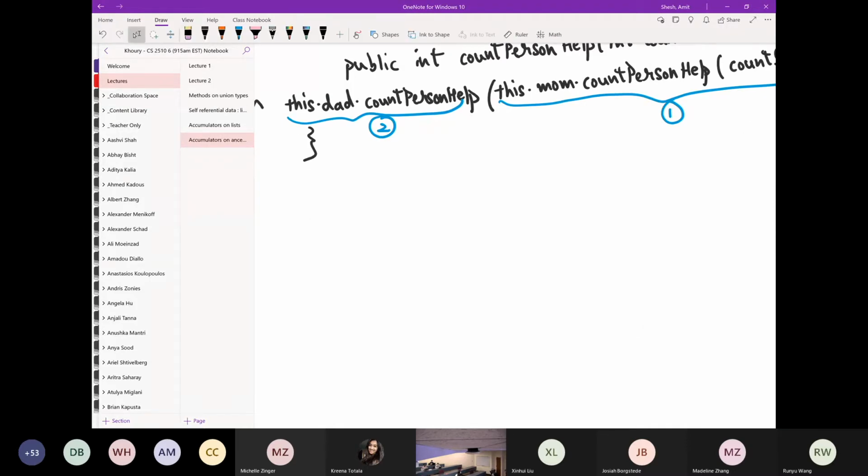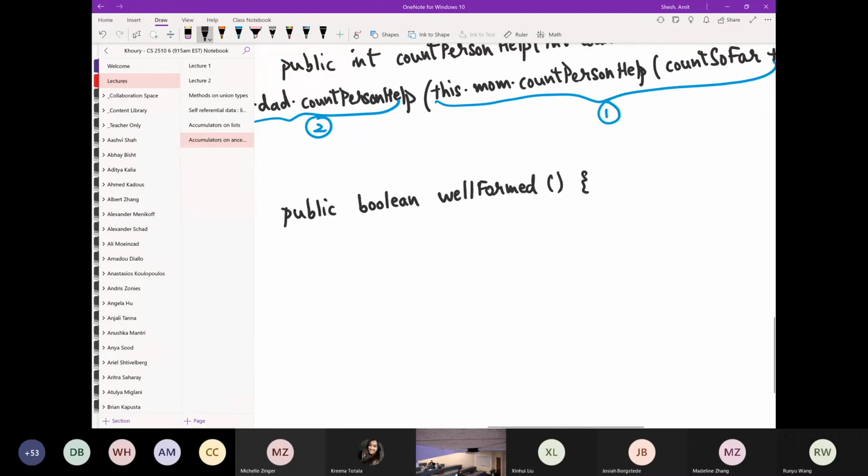Okay? So, Boolean, well formed. So this tree is well formed if this person is younger than the person's mom.